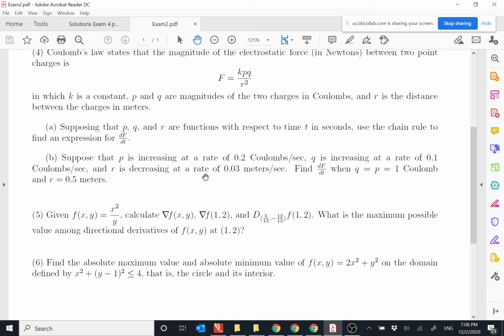R is decreasing at a rate of 0.03 meters a second, so dr/dt is minus 0.03. Find the rate of change of f. What is df/dt when q and p are 1 and r is 0.5? So that's all the info you need.